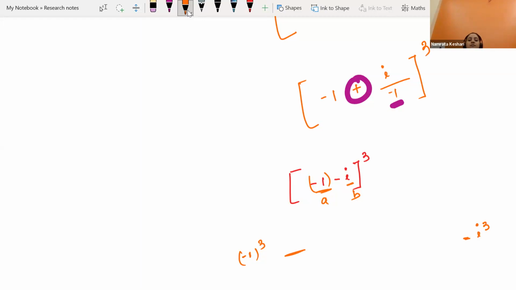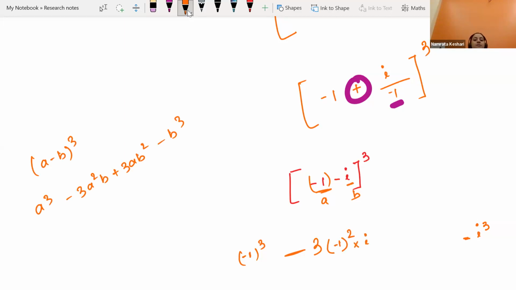What was the formula? a cube minus 3a square b plus 3ab square minus b cube. Yes, so minus 3, a is minus 1 square, b is just i, plus 3, a is minus 1, b square, that means i square. Any confusion?